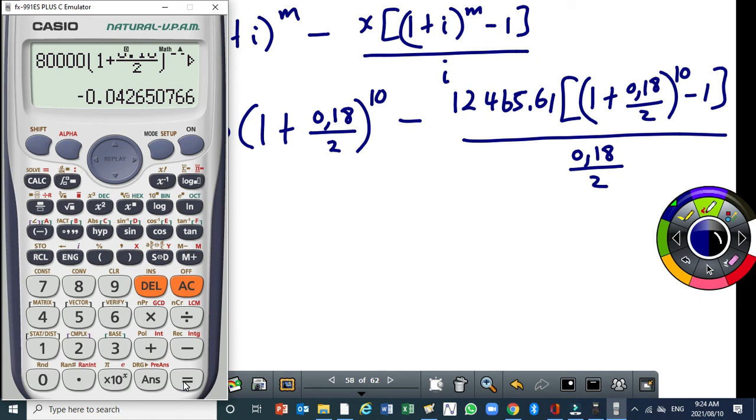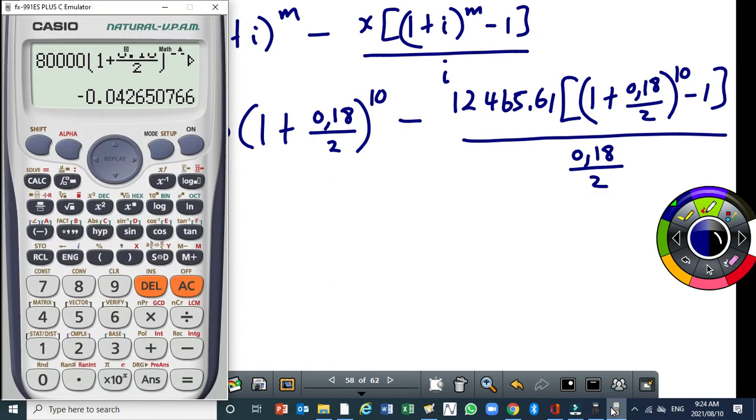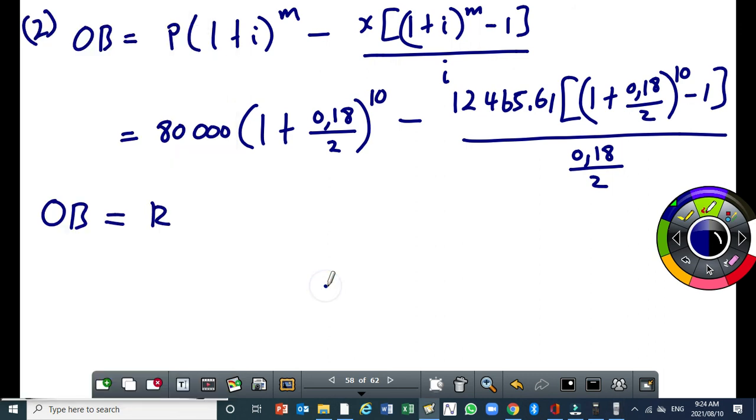The conclusion that we can make here is that the balance outstanding is 0. He doesn't owe any money. So we are saying the result is minus 0.04.